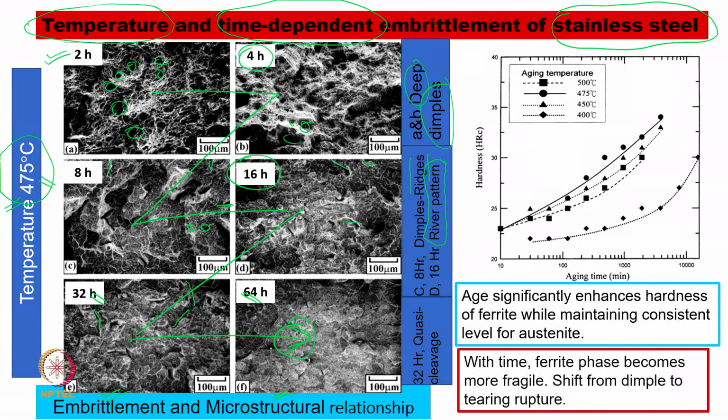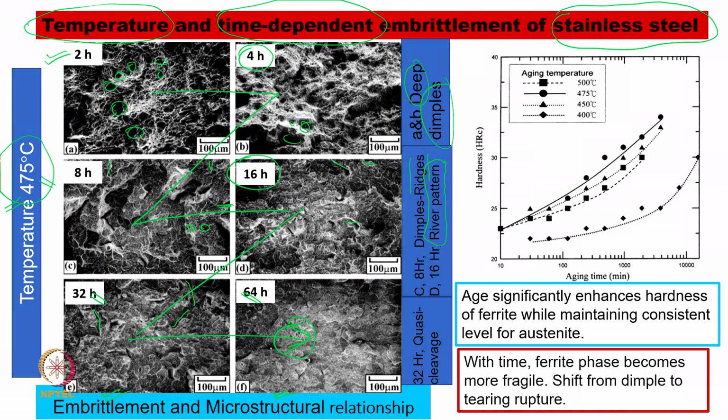So, it is important to consider not only the temperature you want, but also how long that temperature environment remains for the sample. If it remains for 2 hours, 4 hours, 8 hours, 16 hours, naturally the material behavior will be different. Even the surface you get after the fracture will be different, and that is our topic: how the fracture will change with time, with temperature, and with radiation.